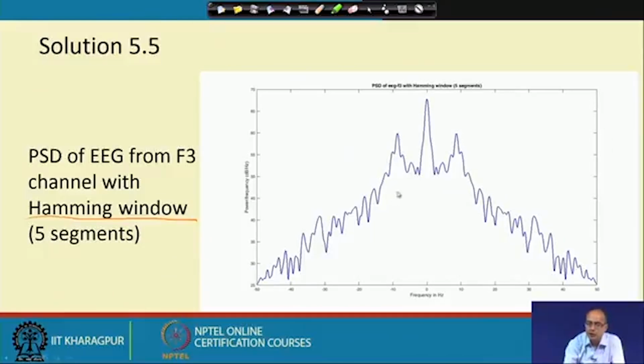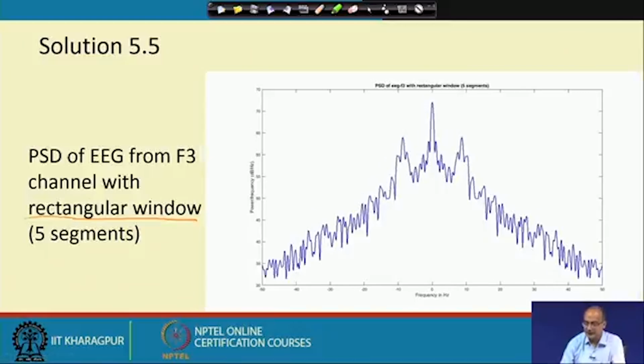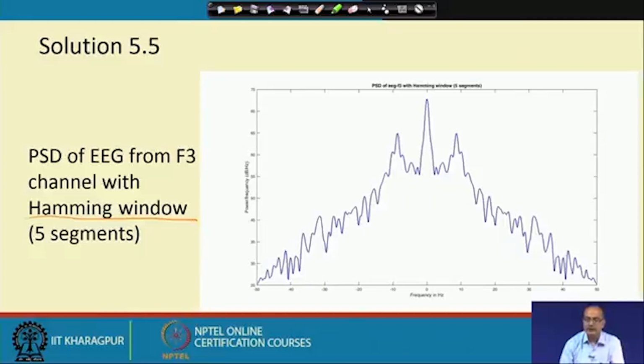Here we get that the side peaks are getting merged in the Hamming window. If we compare with the previous one, you see that compared to the rectangular window, the Hamming window is actually giving a smoother one, but again at the cost of frequency resolution.